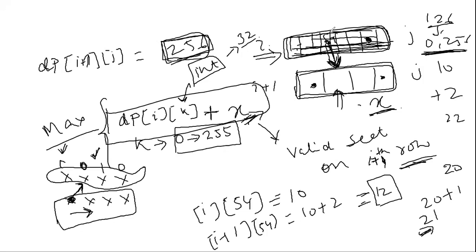Plus, if you know how to use bits, you can calculate these things using bit masking. Like, whether a neighbor here is sitting or not, you will just binary shift your current state. So if I have this combination 1010, and I binary shift it towards the right, for example, what does it become? 01.